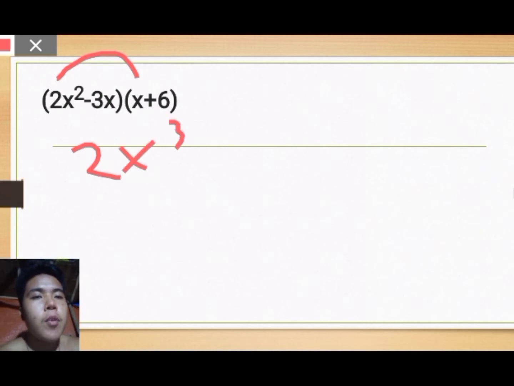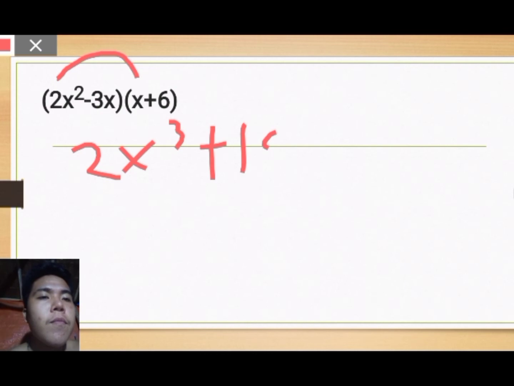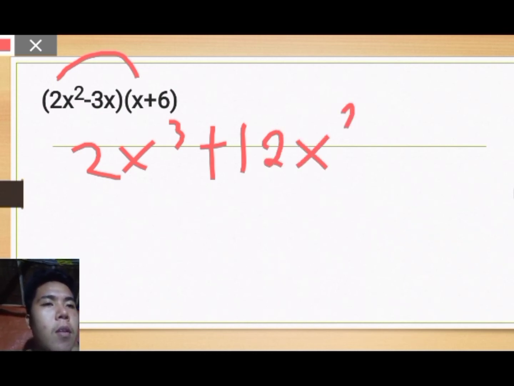So we have 2x cubed. Why 2x cubed? Because 2 times 1 is 2, then the variable x squared, so 2 plus 1 would be 3. Then 2x squared times 6, so 6 times 2, we have positive 12x squared.